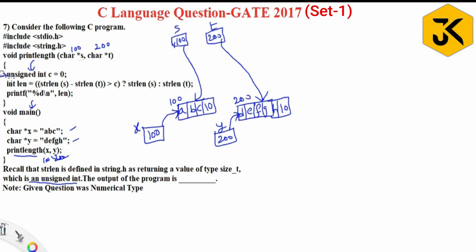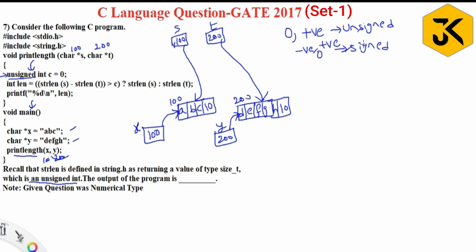Here they have clearly defined unsigned. Unsigned means it will accept only positive numbers, zero and positive. Signed means it will accept both negative and positive, including 0.